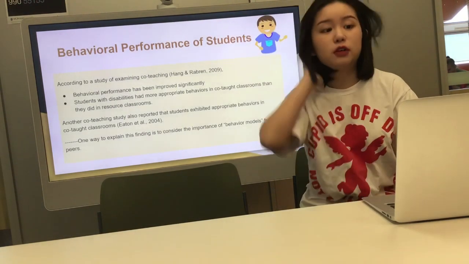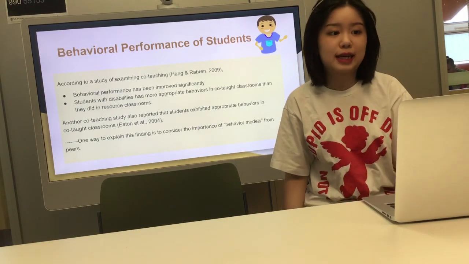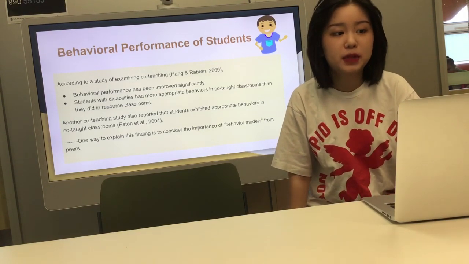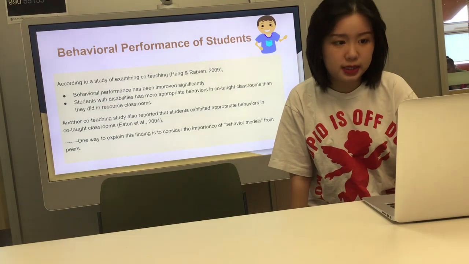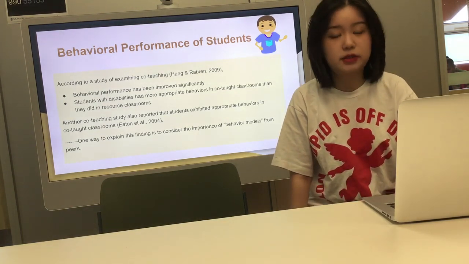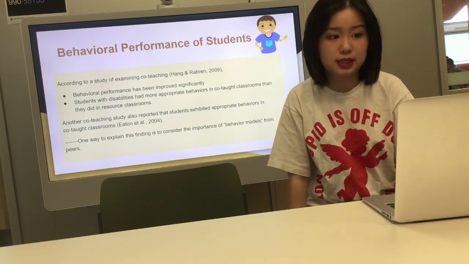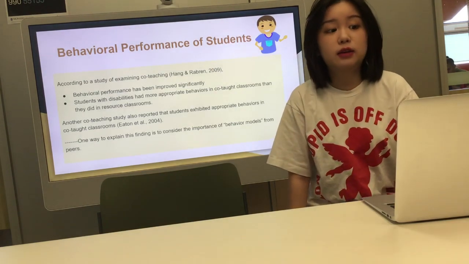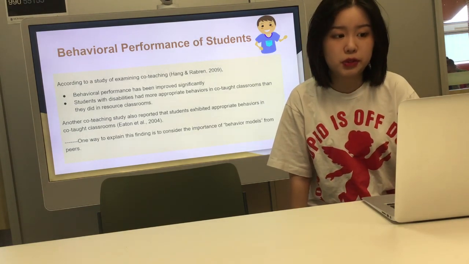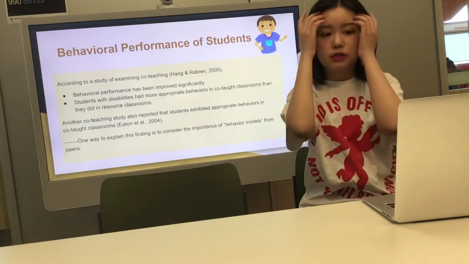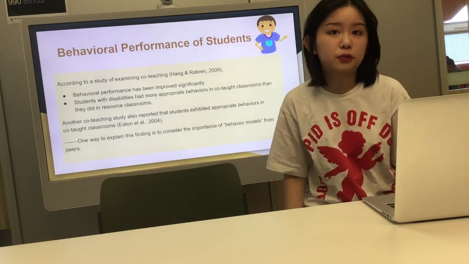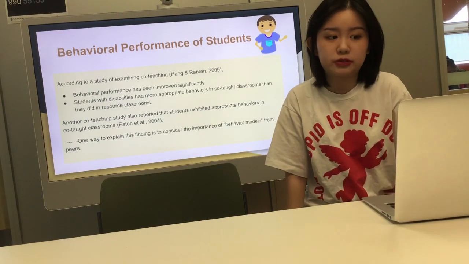And for the behavioral performance of students, according to a study examining co-teaching, behavioral performance improved significantly, and students with disabilities had more appropriate behaviors in the co-taught classroom than they did in resource classrooms. Another co-teaching strategy report also found that students exhibited appropriate behaviors in the co-taught classrooms.